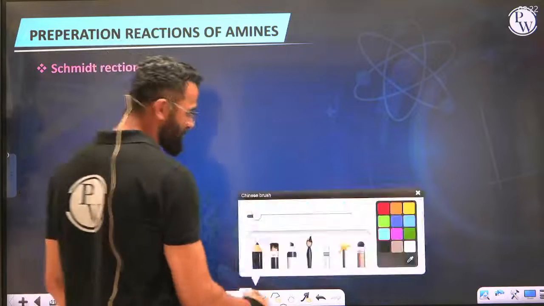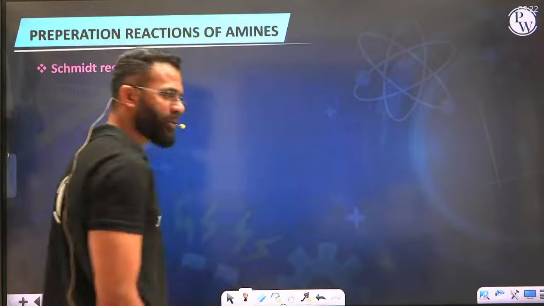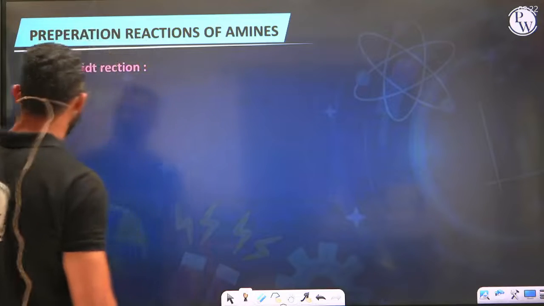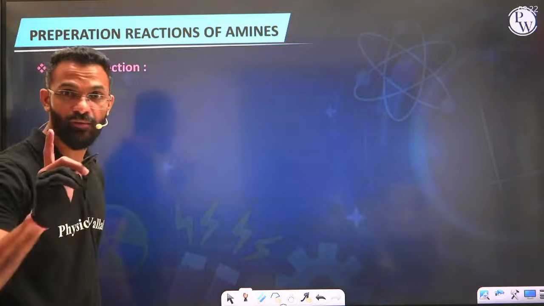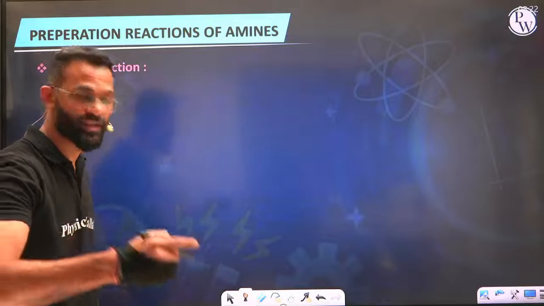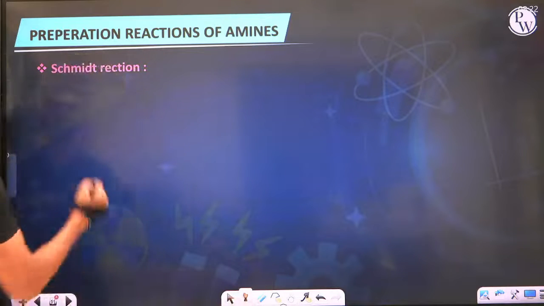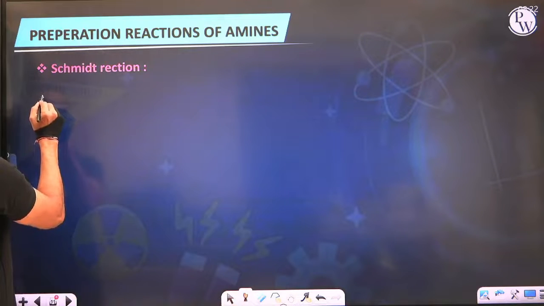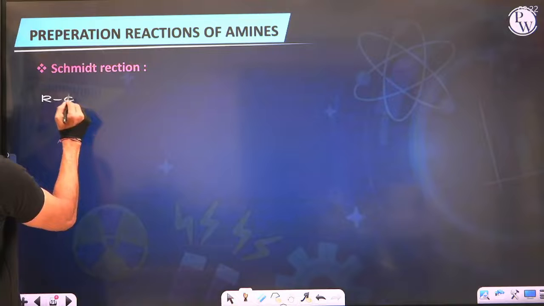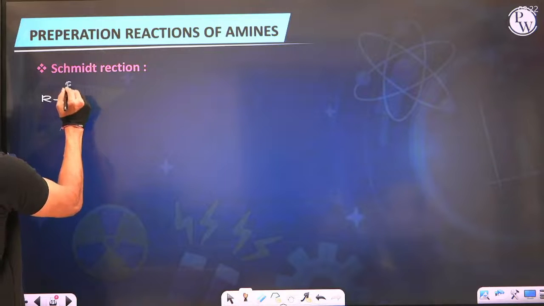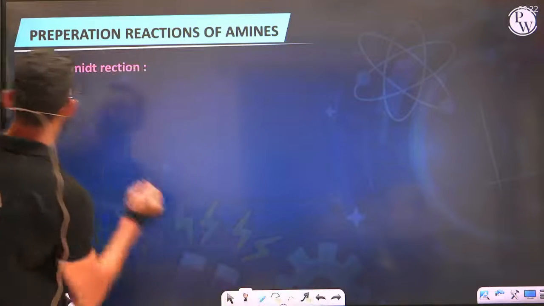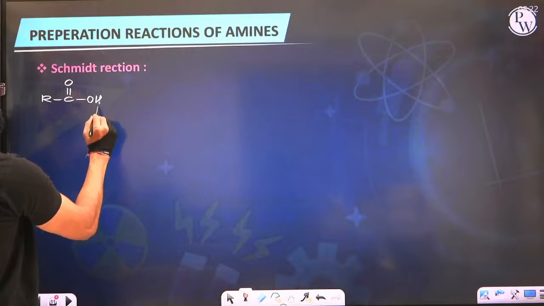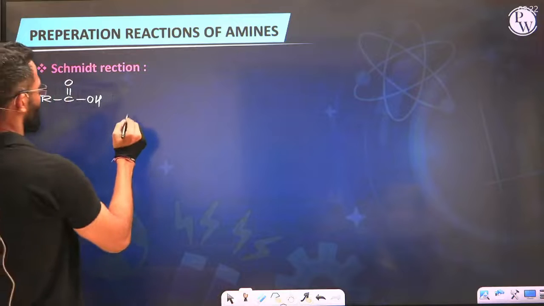So in Schmidt reaction, what we do, everyone, we allow carboxylic acid to react with hydrazoic acid. Hydrazoic acid is HN3, not ammonia. It's not NH3, it is HN3. Okay, so what we are doing here, look, we have got carboxylic acid in an acidic condition.